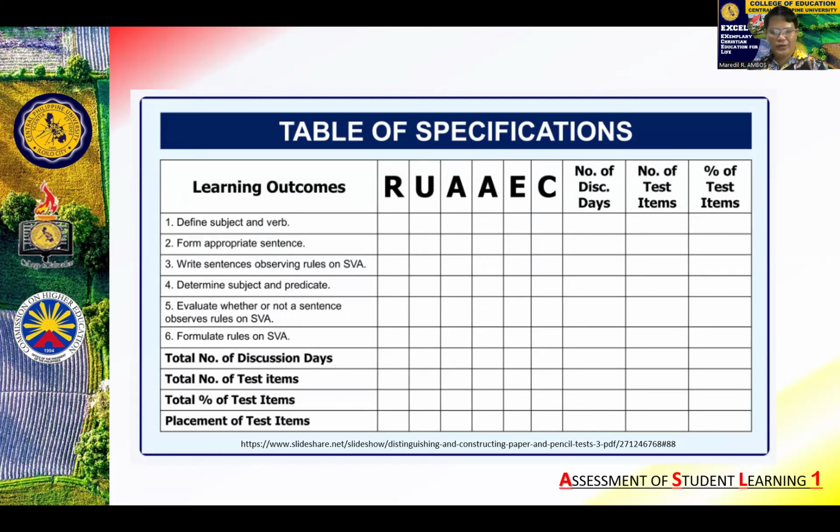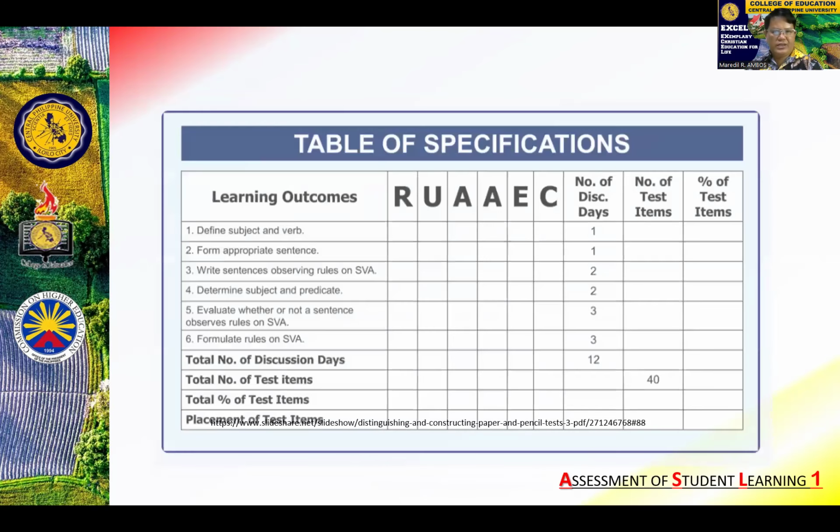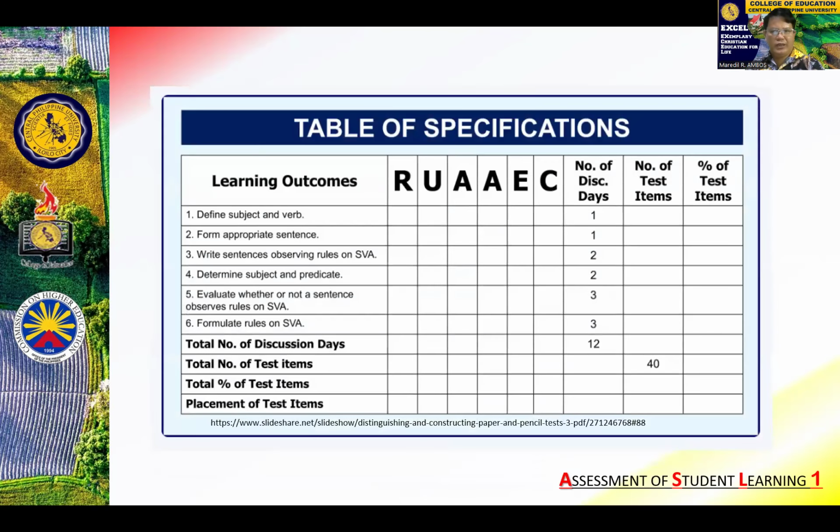So you have R for remembering, U for understanding, A for applying, another A for analysis, E for evaluating, and the last is creating. So you need to have the learning outcomes, plus the levels of the new Bloom's taxonomy of learning.